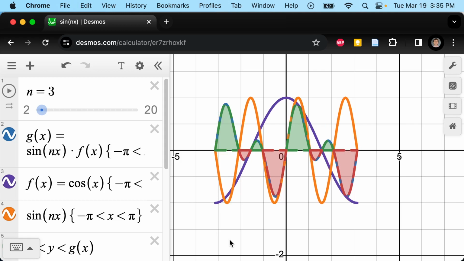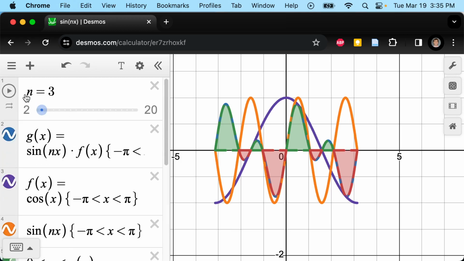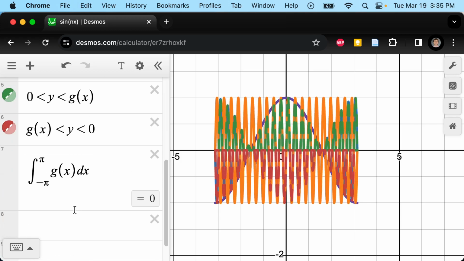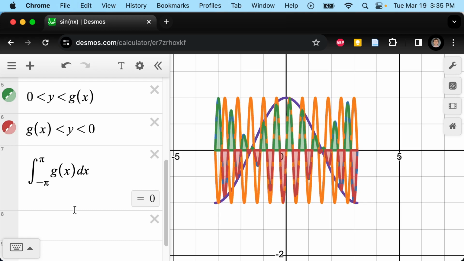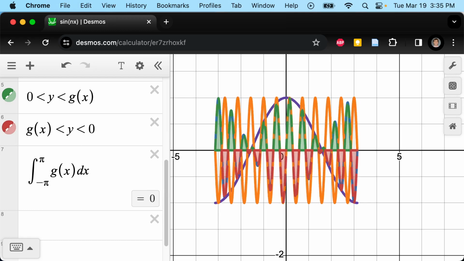You have a little green and a little red, big green, big red. Perfectly cancels. And in fact, if we go down to the integral, it's always 0. We can go through all of them. The integral is always 0, no matter what. There's some symmetry going on where the positive parts and the negative parts always perfectly cancel. So this thing is 0.